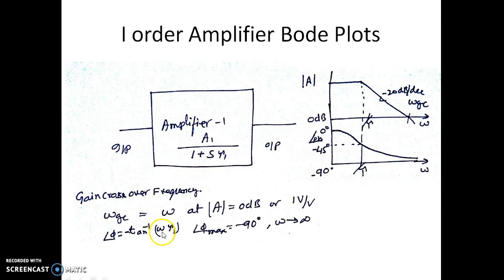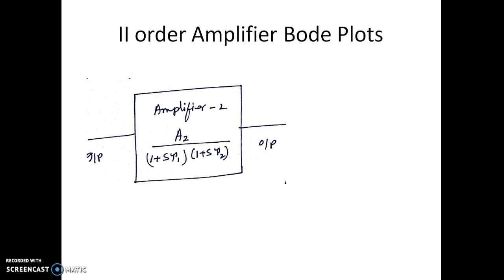As the value of omega changes, the phase keeps on changing, and we are going to have a maximum phase of minus 90 degrees as omega tends to infinity. So this is the magnitude and phase plot of this amplifier as the frequency varies from 0 to infinity.